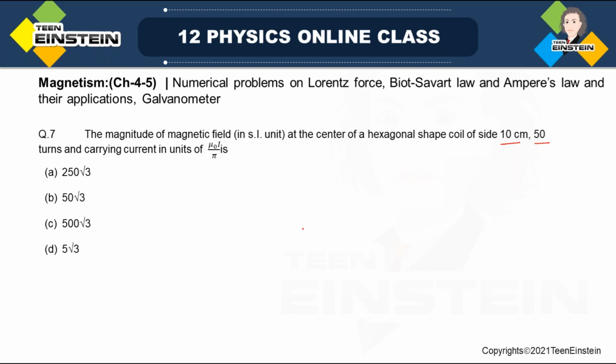So you have to find out the magnetic field for a hexagonal current carrying loop or coil, and the coil has 50 turns.